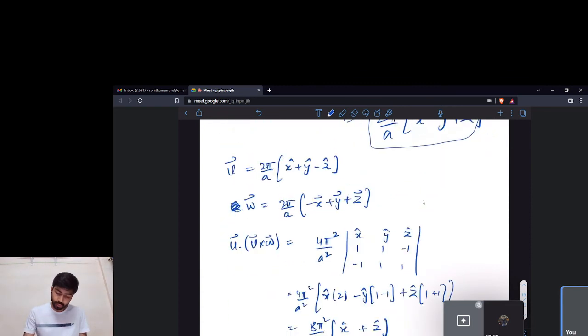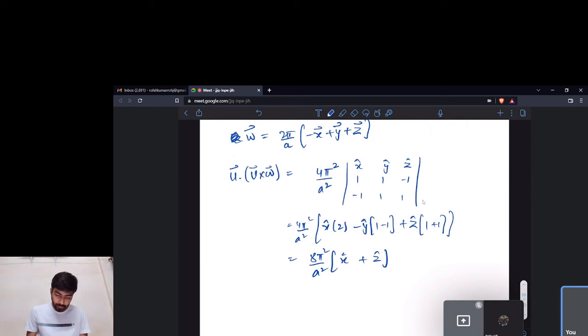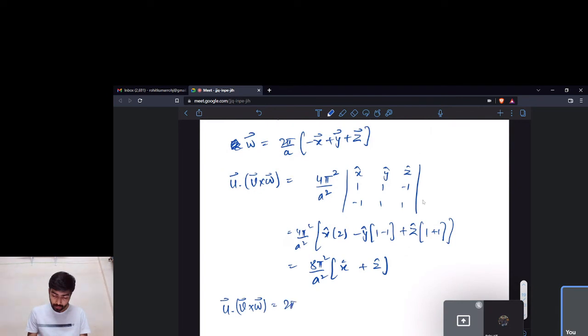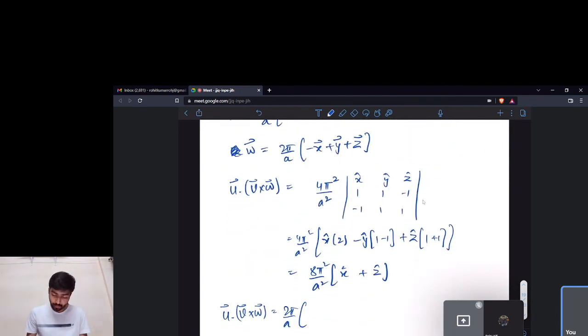And u is 2 pi. Now if we take a dot product with u dot v cross w, it would become 2 pi by a x minus y plus z dot 8 pi square by a square x plus z.